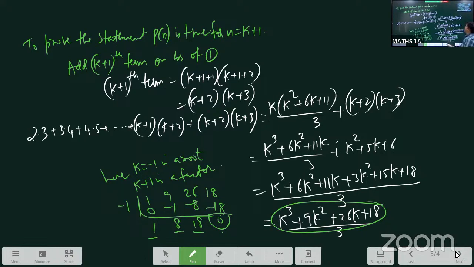So that is k plus 2 into k plus 3. Then simplification. Whenever you get a cubic equation, you are going to simplify by doing synthetic division. Before that, first you are going to find one factor, k equal to -1. Okay, right. Next one.